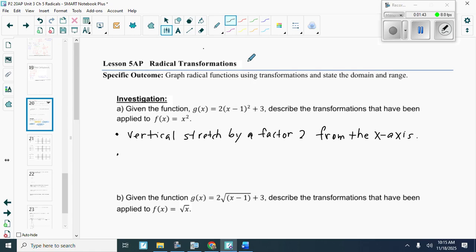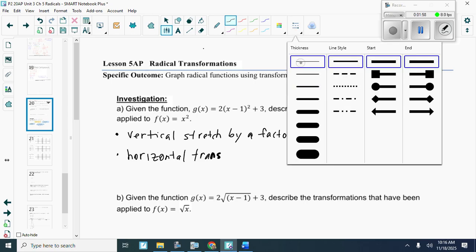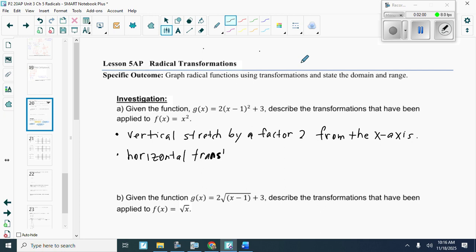Then the next one, we look at the horizontal translation. Which way are we moving, left or right?